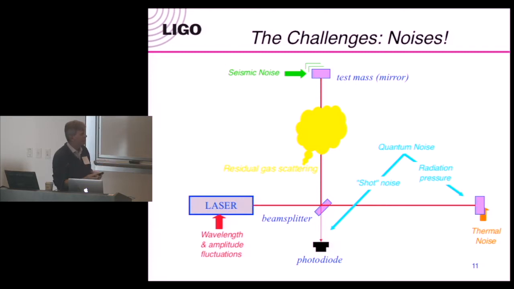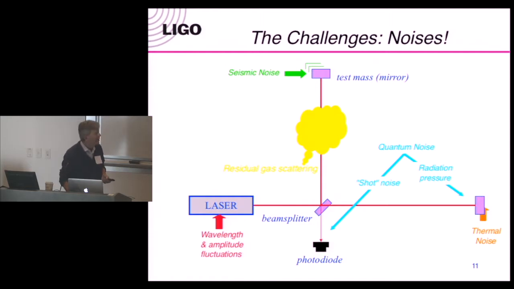So that's a displacement noise. These are opposite sides of the same coin, called quantum noise, and depending on what frequency band you're interested in, as I'll show you later, you will want to deal with either radiation pressure or shot noise.